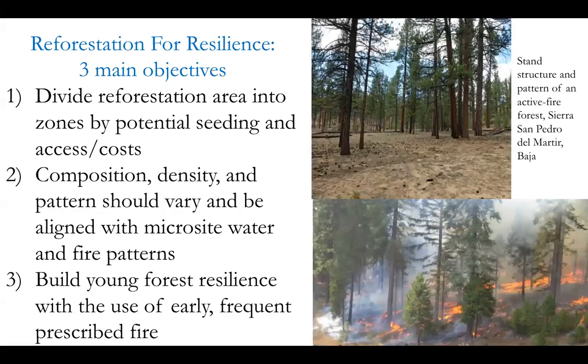But again, our ultimate goal, at least from an ecological perspective, is to create a stand that has high spatial variability and as a result has some resilience to fire and drought. And this is just an example on the top from another nice reference condition, at least for the Sierra Nevada, which is the Sierra San Pedro de Martir in Baja California.